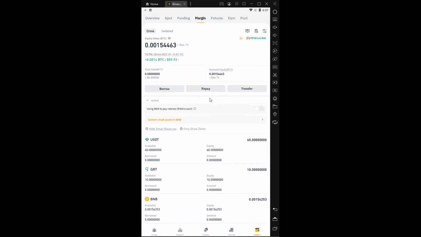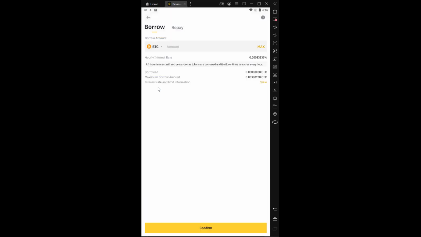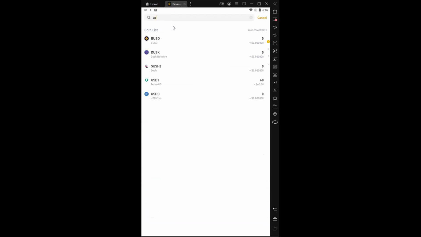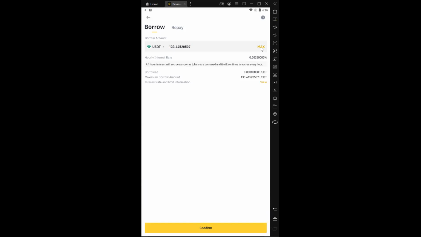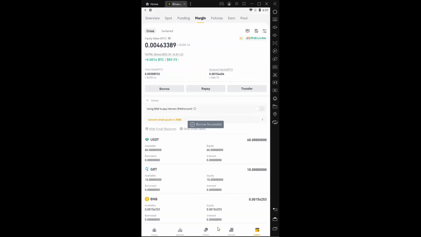This is the amount I have, $60. With the cross option, I can borrow up to ×3. So if I press borrow, I want to borrow USDT, and I'll press maximum. I'm borrowing $133, so 60 plus 133 is something around 200.